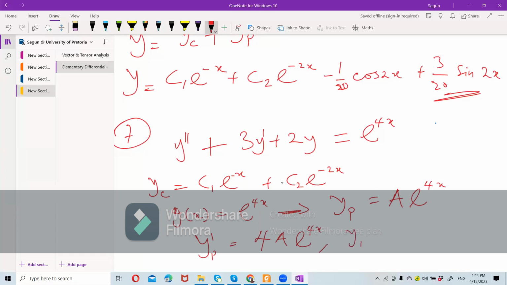Differentiate again, Y prime prime P, you have 16A exponential 4x.